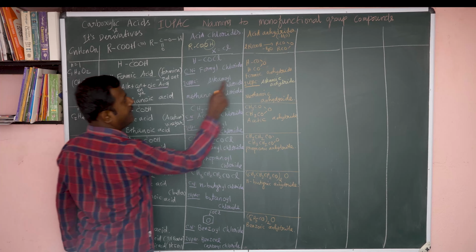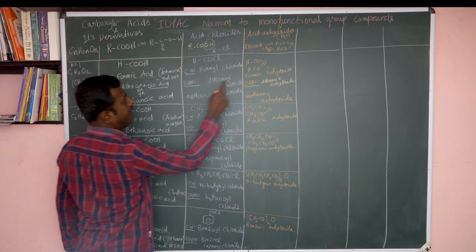You should be very careful in writing the names, and take care in spelling also. And for n-butyric acid, n-butyryl chloride, n-butyric anhydride, the IUPAC name is butanoic acid. So butanoic anhydride.